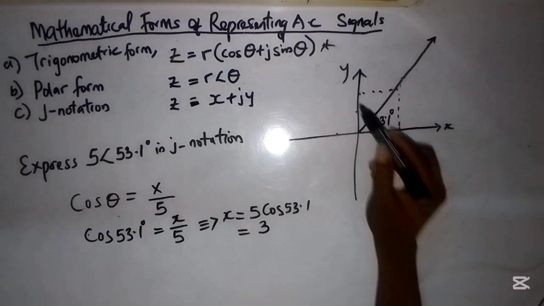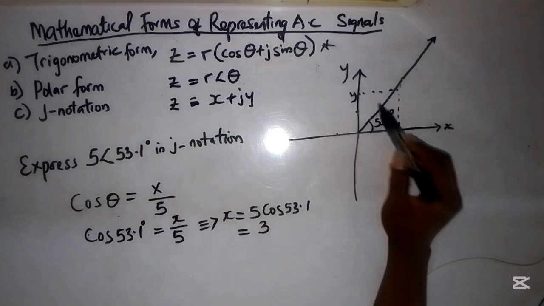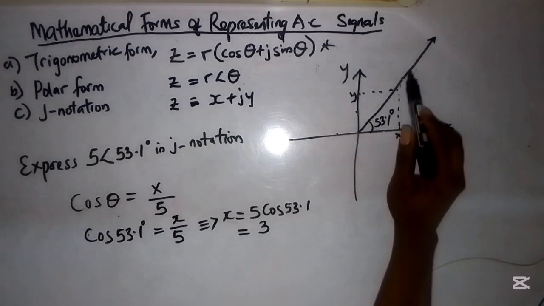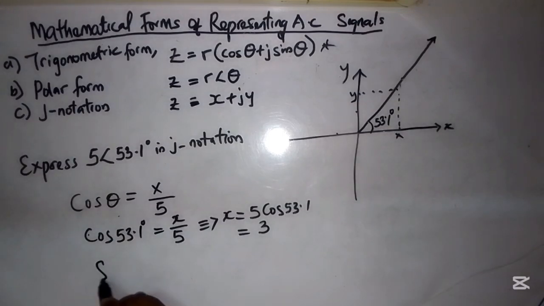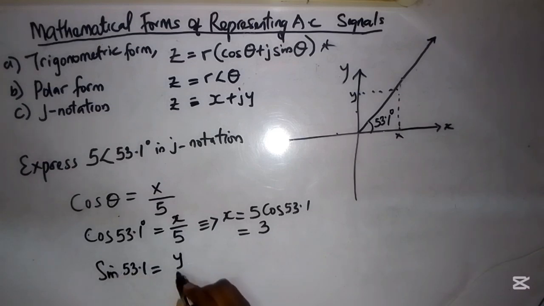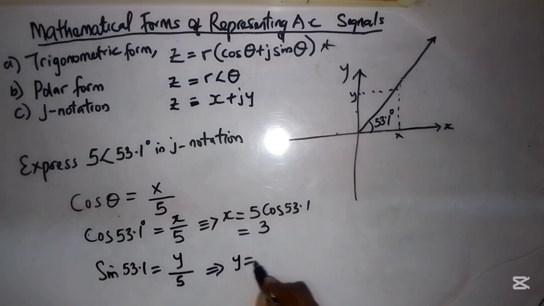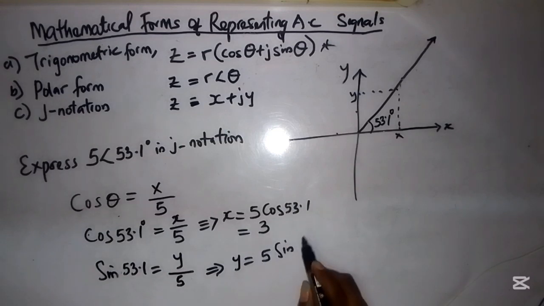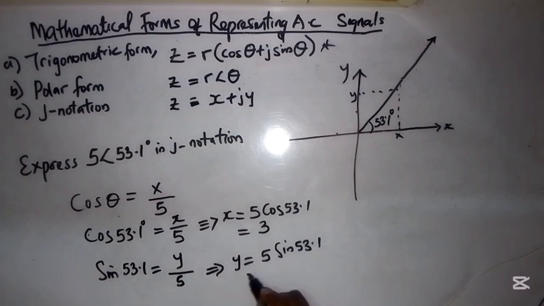In the same vein, we can get the value for y here, and the relationship between these is opposite and hypotenuse, which is sine. So we can say sine theta, in this case sine 53.1, is the same thing as opposite over hypotenuse, which is the same thing as y over 5. So y equals 5 sine 53.1.